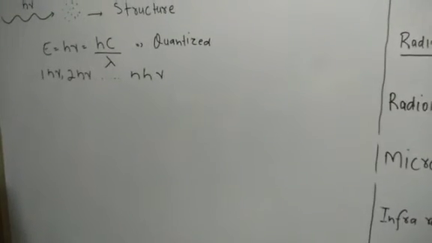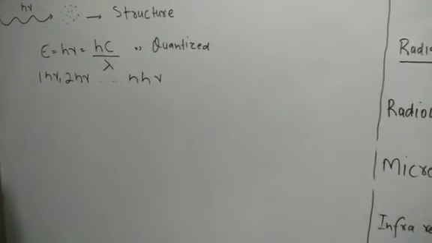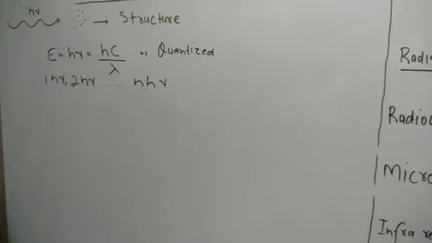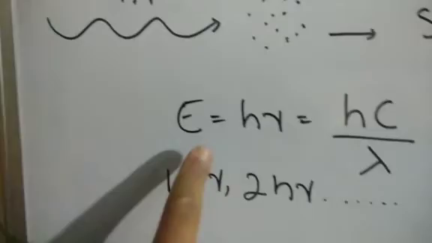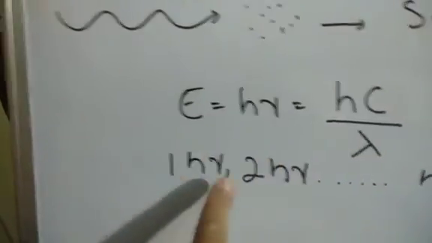So we can say when an organic molecule interacts with the electromagnetic radiation, it may lead to a change in energy, as we have seen in the earlier class, and this is the energy associated with each quantum. This interaction and absorption lead to a change in the energy of the molecule, as we saw in the previous class.